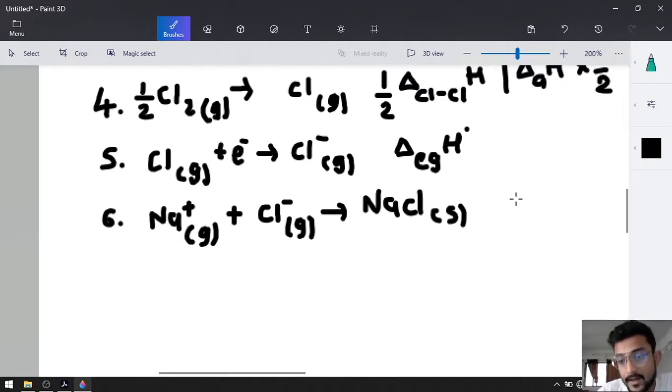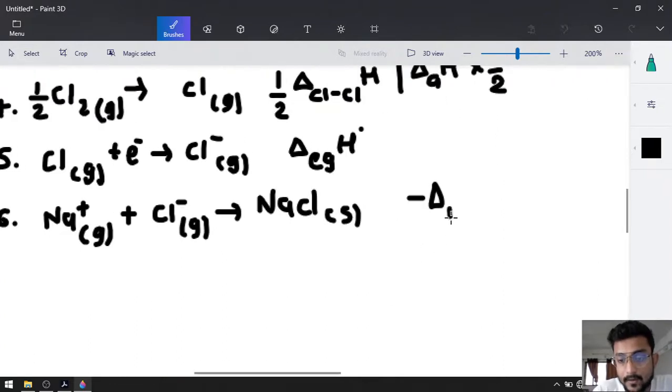That's why it will become minus delta lattice enthalpy, H naught. Why minus? Because lattice enthalpy is when a solid ionic compound is converted into its gaseous ions. The energy required will be known as lattice enthalpy. Here they have given us the opposite sign.